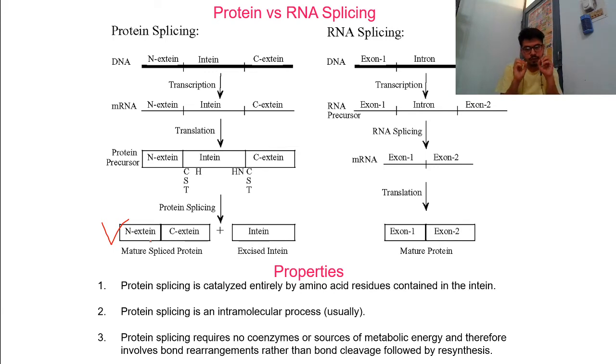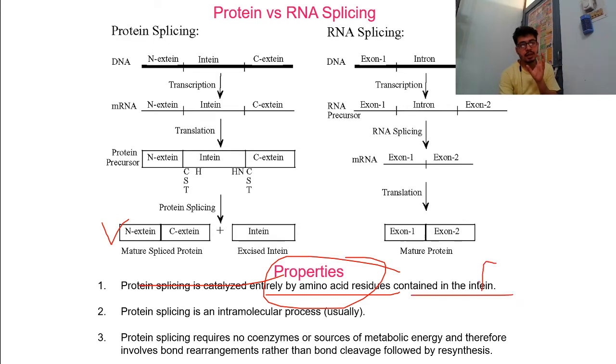Okay, come to some properties of protein splicing. Protein splicing is catalyzed entirely by the amino acid residues contained in the intein. Here only protein will be involved, but in RNA splicing there are so many other things also involved. So I am not describing RNA splicing, and I will not cover the whole thing. Protein splicing is an intramolecular process.